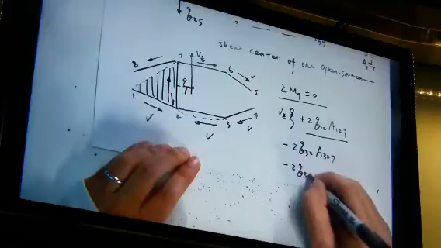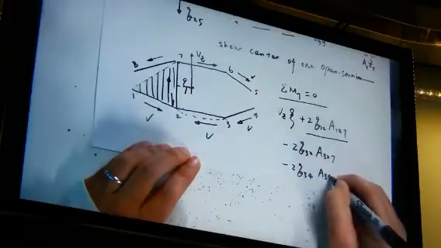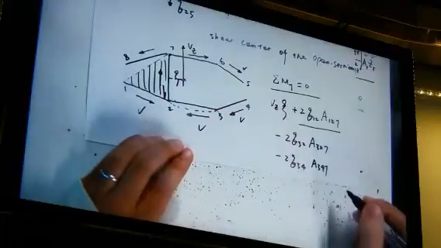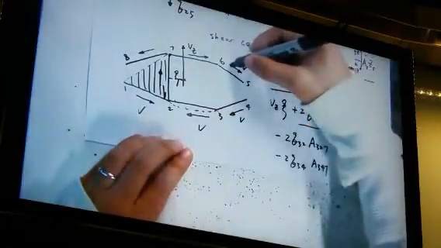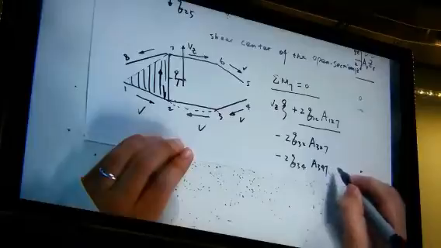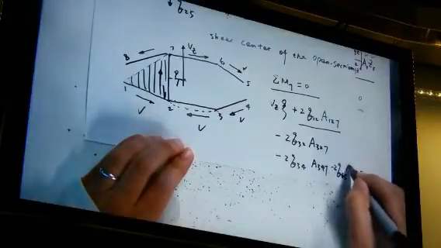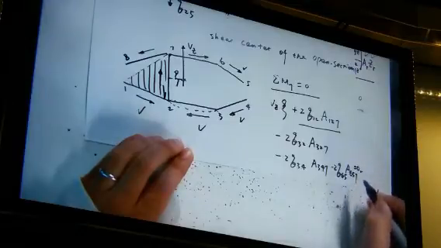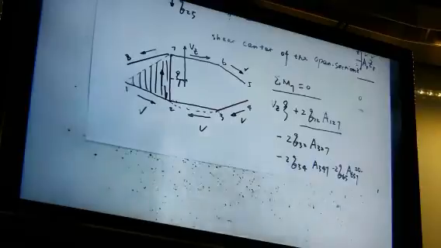Third term is Q34, A347. Also negative because it's clockwise. And then 65 is also negative. A657 equal to 0. 4 terms from the shear flow contribution.